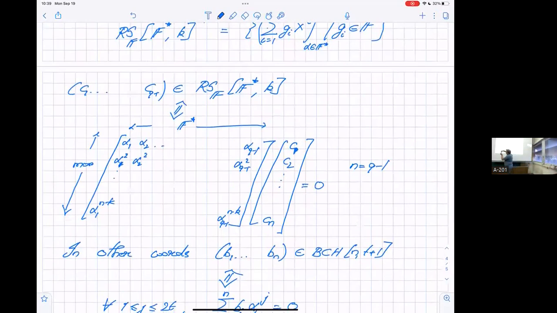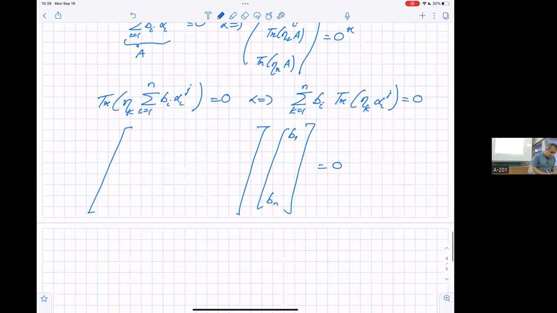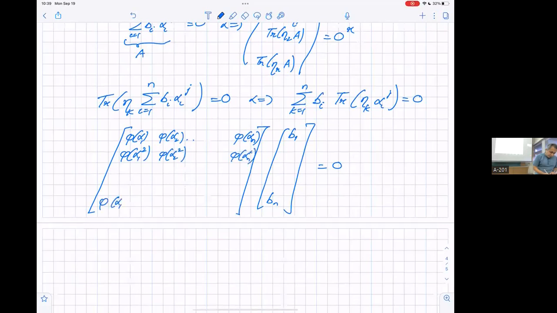Now, I want to claim each alpha_1 itself expands out into R guys, and it basically expands out into this, which is just phi of alpha_1, that column vector, phi of alpha_2, phi of alpha_n, phi of alpha_1 square, phi of alpha_2 square, phi of alpha_1 to the power, what is this, 2t.